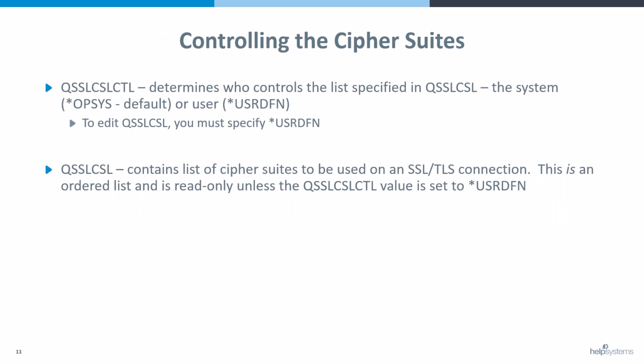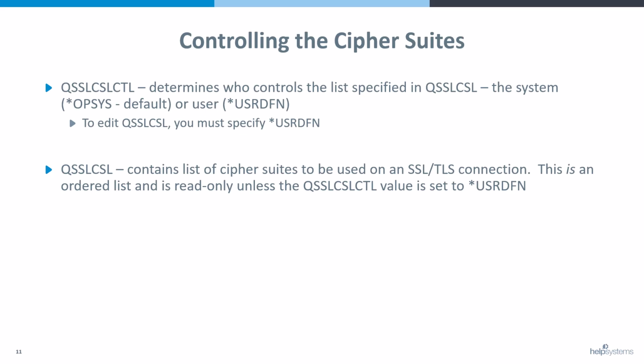So what cipher suites or algorithms are actually available? Again, that's going to be based on the protocol. The newer TLS is going to enable you to use the strongest encryption algorithms available. Like the protocols, the available cipher suites or algorithms depends on the version of the operating system that you're running.